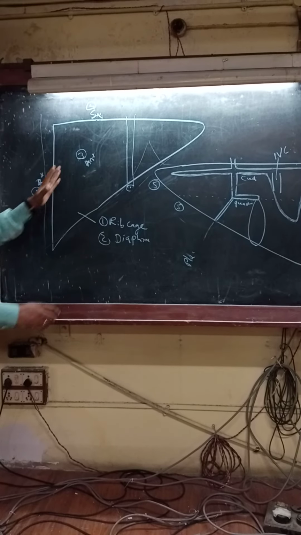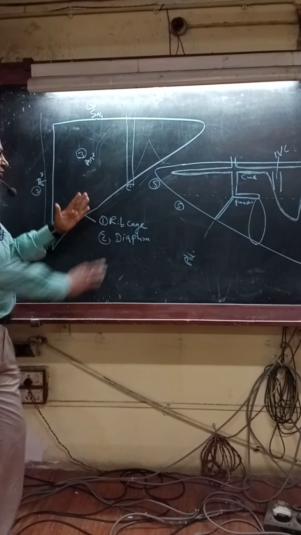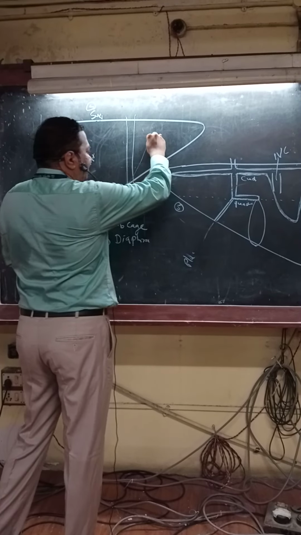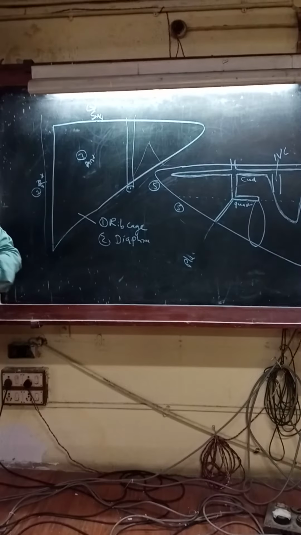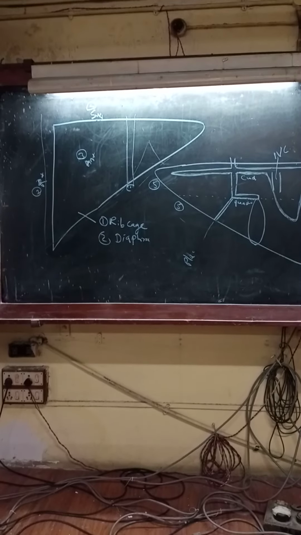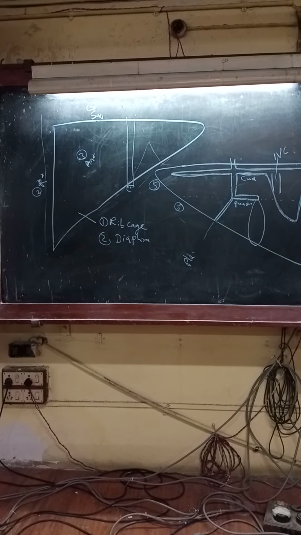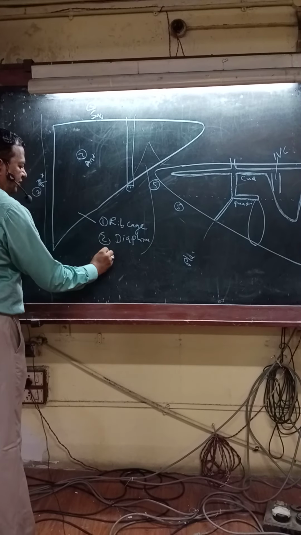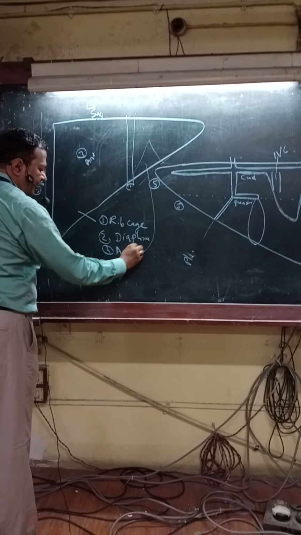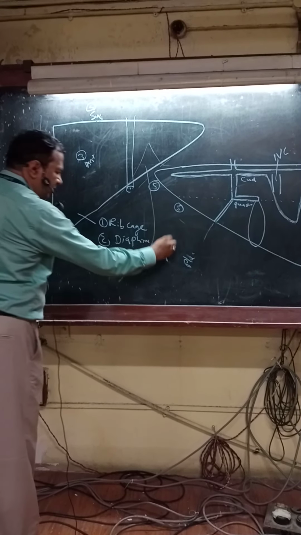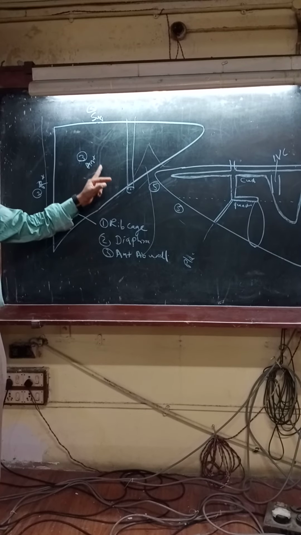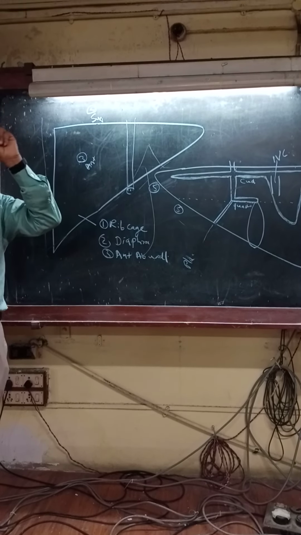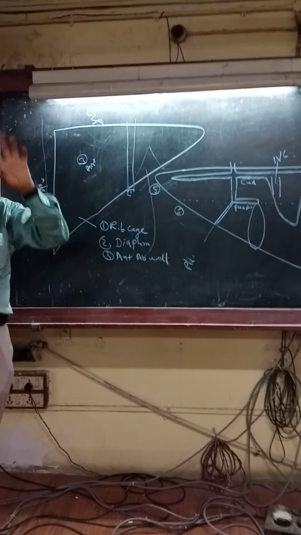And now see here, the liver goes up to the left side. Somewhere here will be the xiphoid process, and on the other side the rib cage. In between, the liver is related to the anterior abdominal wall. So three is the anterior abdominal wall. Clear? Rib cage, diaphragm, anterior abdominal wall. These are the three relations of the anterior surface.